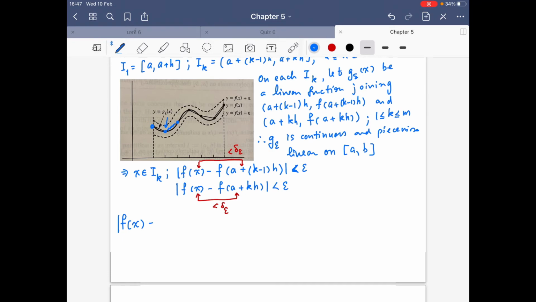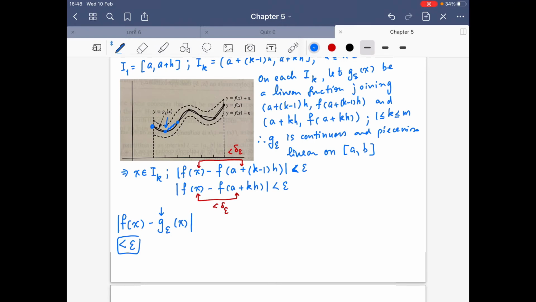So how are we going to approximate or calculate this? The last thing that we need to do is show that the distance between the real function f of x and the approximation, which is piecewise linear, must be less than epsilon, right? So we really need this.